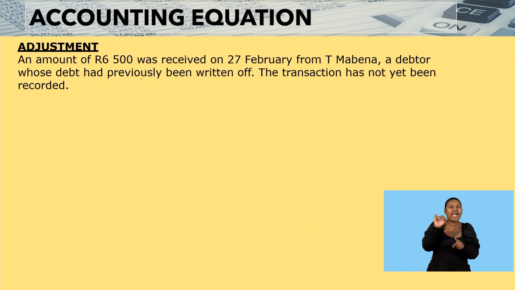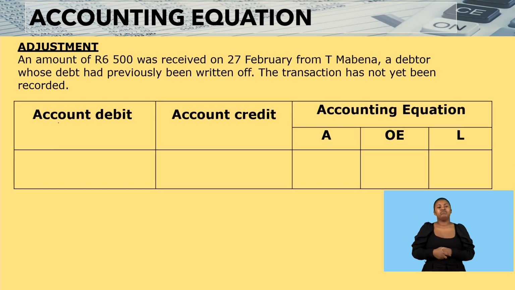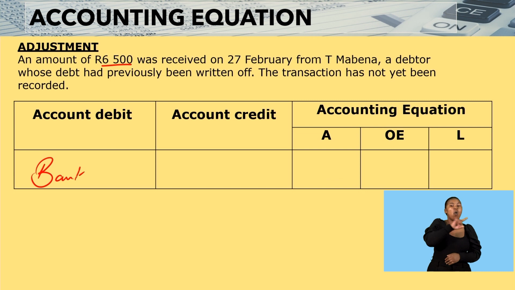And then I'm going to look at the effect of this transaction on the accounting equation. I want to see how this 6,500 will affect the accounting equation. Here is my accounting equation template. So when an amount is received, it affects bank. So I will debit my bank because we have received.